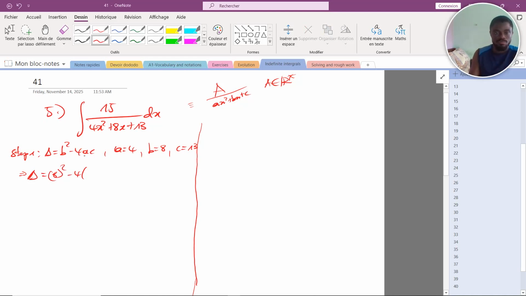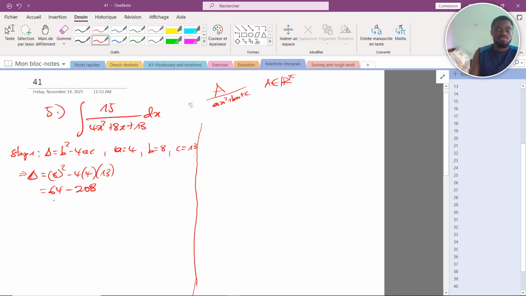4 times a, which is 4, times c, which is 13. 8 squared is equal to 64 minus 4 times 4, which is 16, and 16 times 13 gives 208.